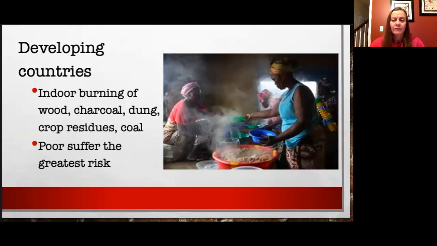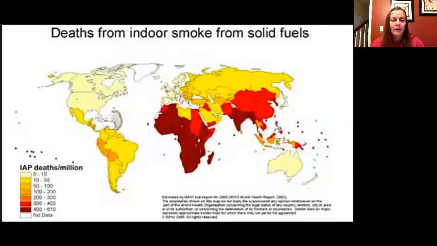And we can see that if we look at this worldwide map of deaths from indoor smoke from solid fuels. And you can see that it's much more prevalent in Africa, in India, in Southeast Asia. So the developing countries are much more likely to be using solid fuels and to have issues with their indoor air quality as a result.